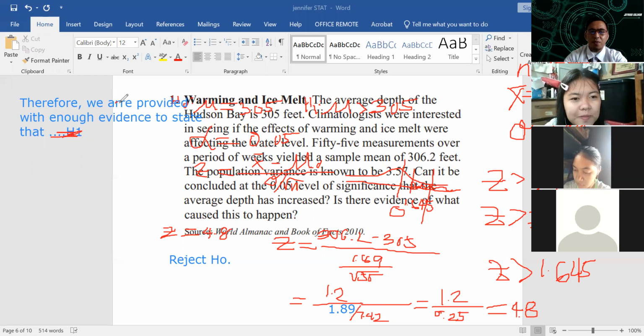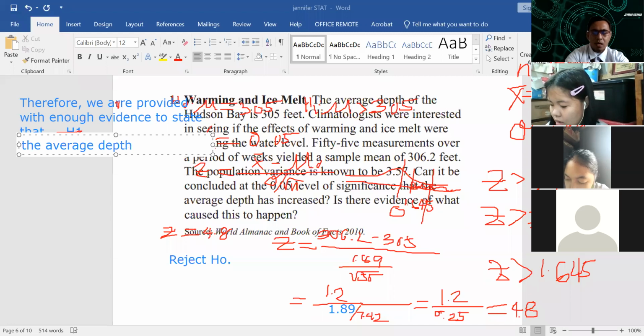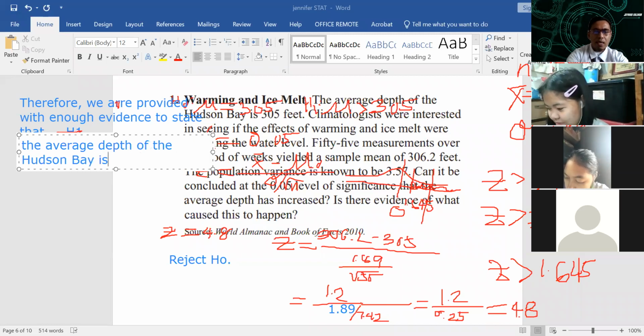Therefore we are provided with enough evidence to state that the average depth of the Hudson Bay is greater than the usual, which is 305 feet.